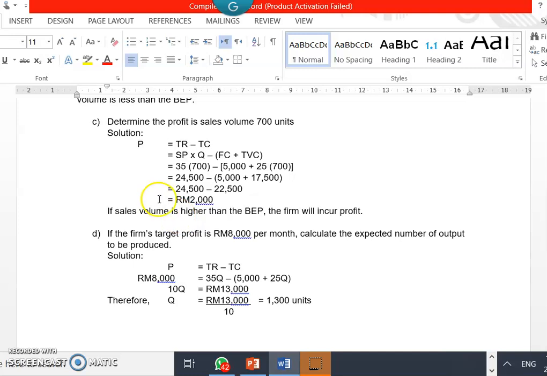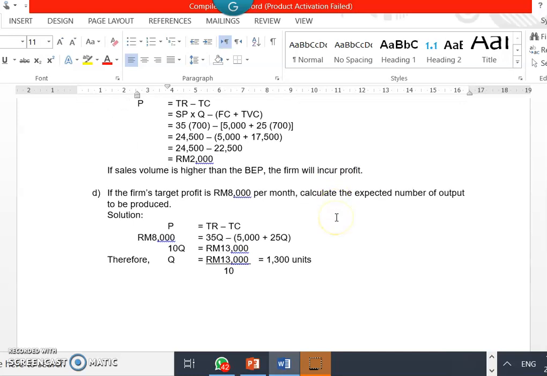So here we get the answer: 2,000 ringgit for profit. Meaning that if you sell more than 500 units, which in this case we have 700 units, you will have profits.